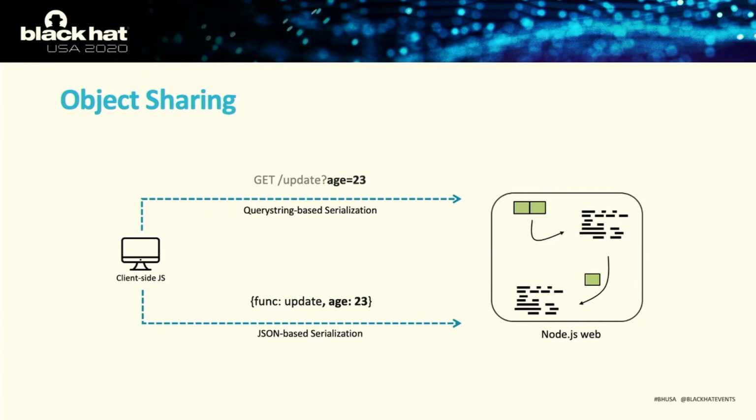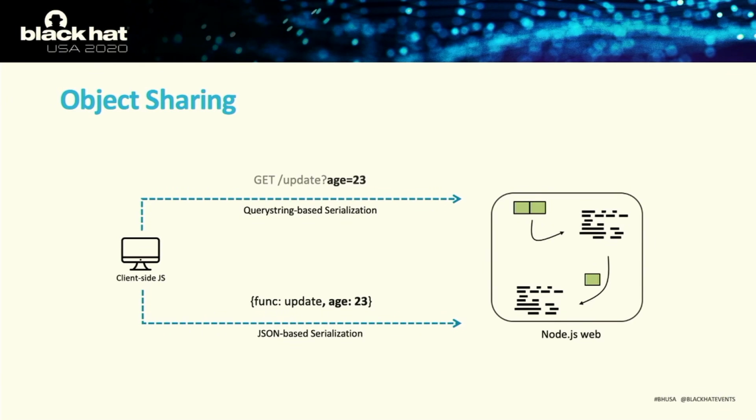And also, he can send a JSON string to the server, for example in the POST body. Upon receiving the request, the Node.js server will parse the data into an object. The object can further propagate into the corresponding logic in the program. So this is basically how Node.js object sharing is carried out.